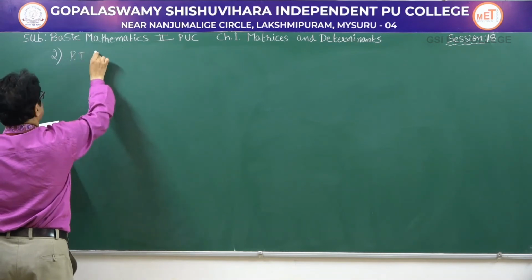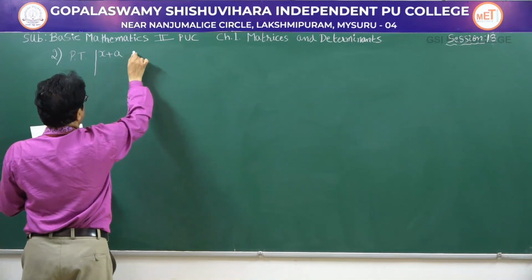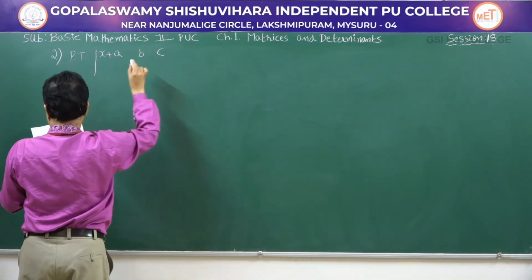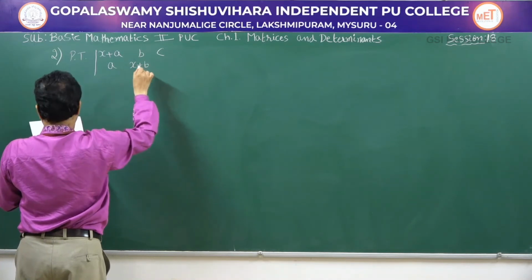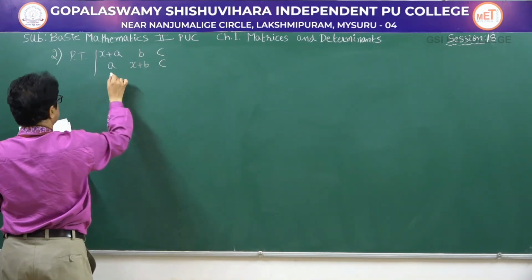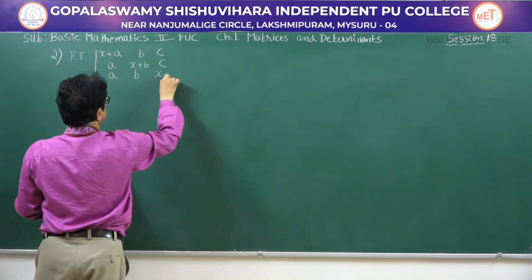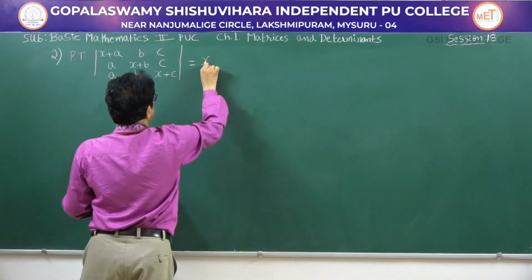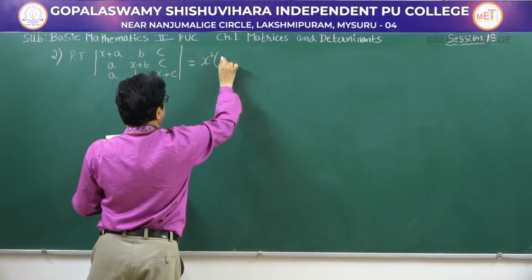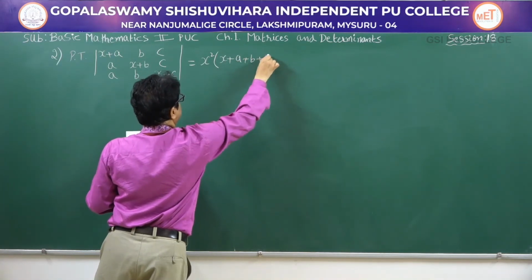Prove that determinant of x plus a, b, c; a, x plus b, c; a, b, x plus c will be equal to x square into x plus a plus b plus c.